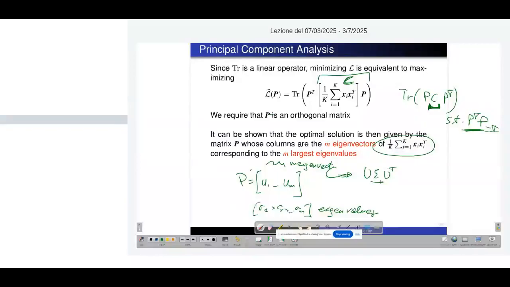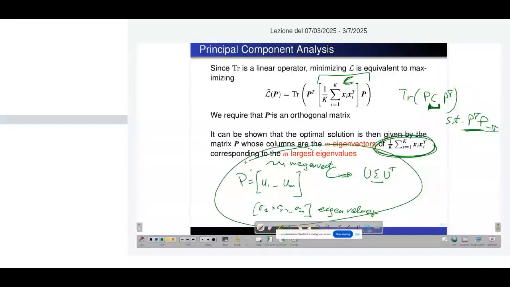This matrix C, as I said, if the data is centered, is the empirical covariance matrix of the data. If it's not centered, it's not, but we will see that in that case, we will generalize the model with something that again computes the correct data matrix. So the solution depends on this matrix. How?